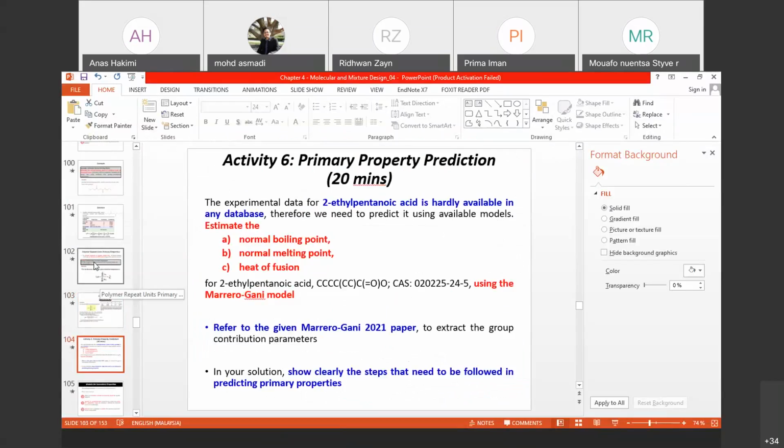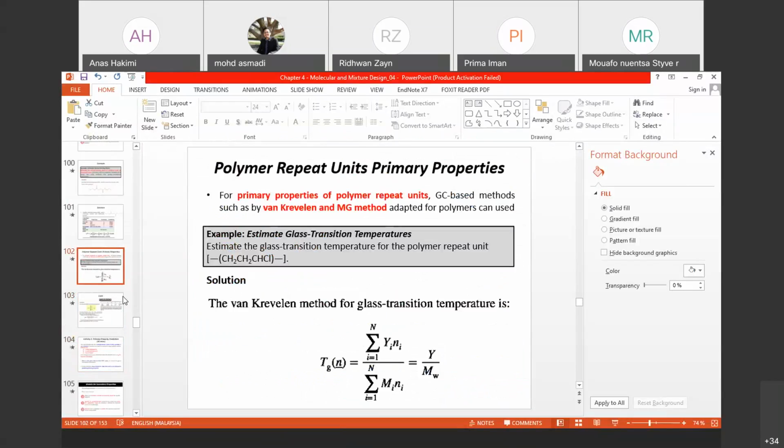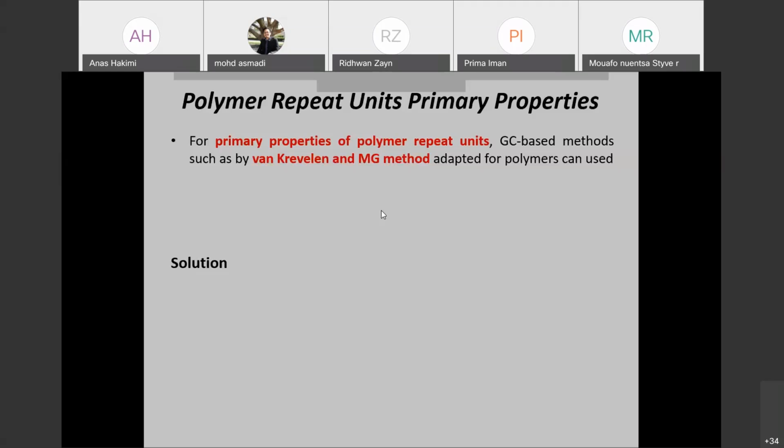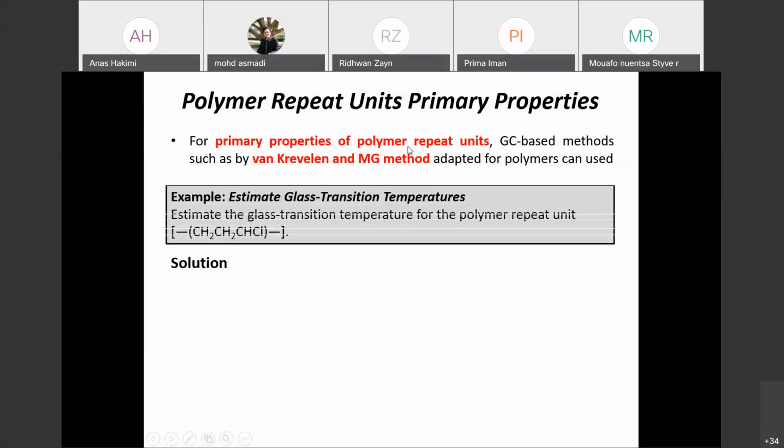So for the polymer repeating unit, similarly, for the primary properties of the polymer repeating units, GC based methods such as Van Krevelen and MG method adapted for the polymer can be used. This one also you have to refer to the journal that I provide in the links.